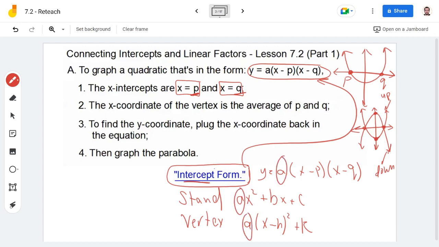If a is positive, it's upward. If a is negative, it's downward. The x coordinate of the vertex is the average of p and q, so we find the average to get the axis of symmetry. Then we plug this point into the function to find y, and then we can graph the parabola.